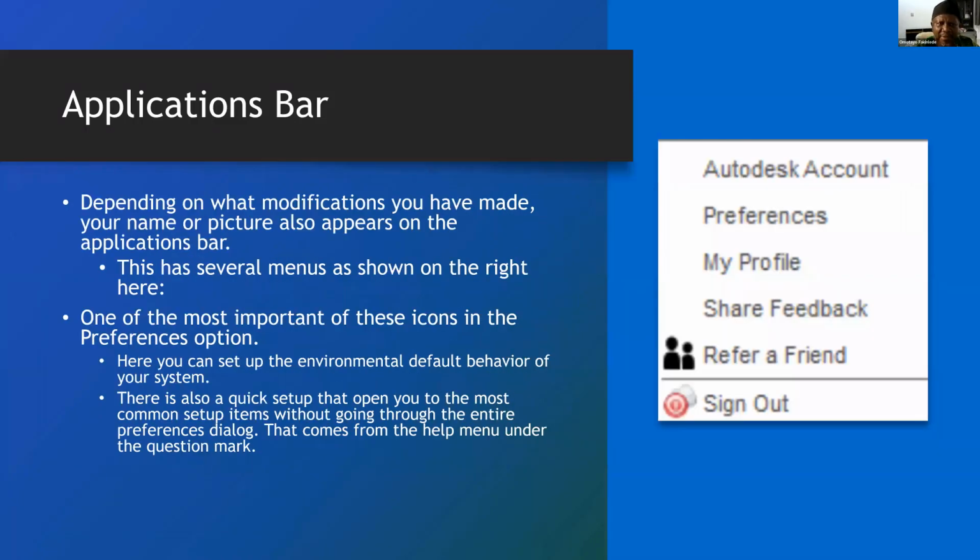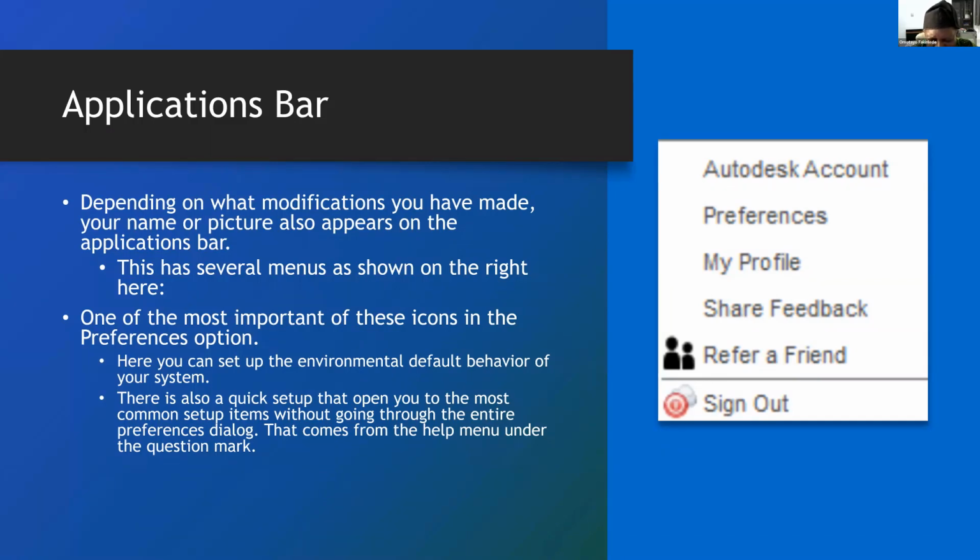Still continuing on the applications bar, depending on what modifications you have made, your name or picture also appears on the application bar. When you get to the extreme right of that applications bar, depending on how you installed, you can see a name there, that's your name, or your picture.